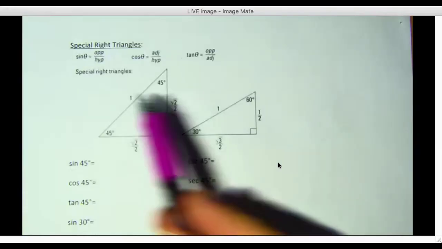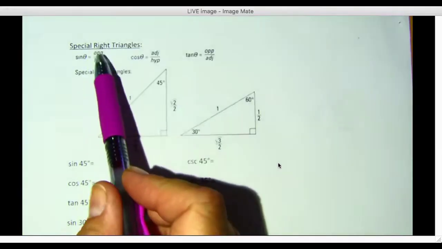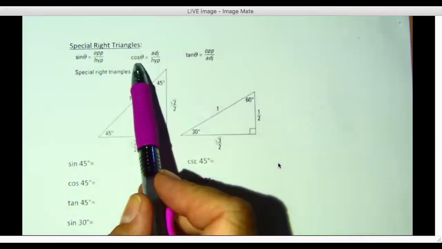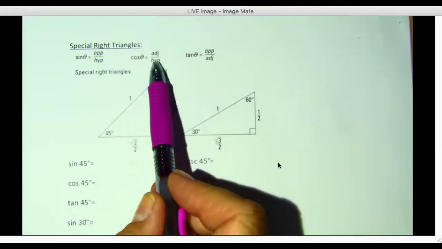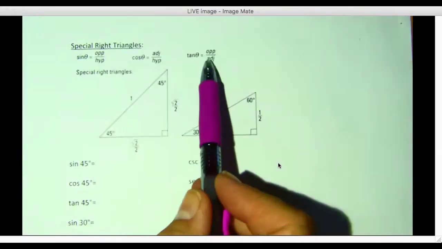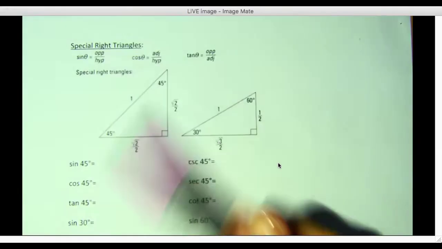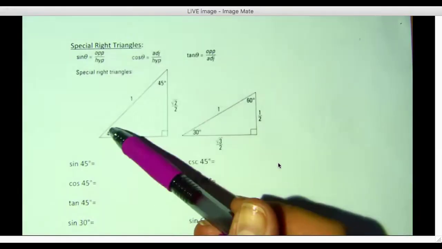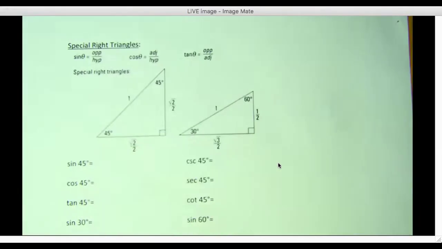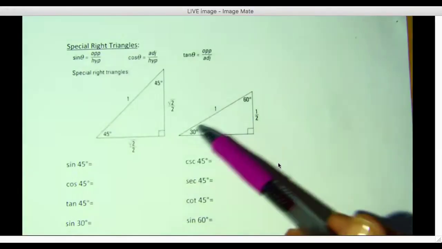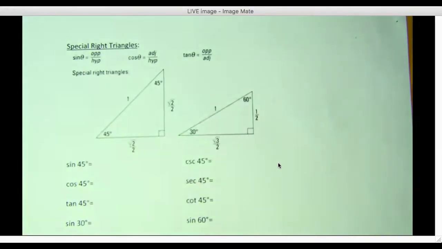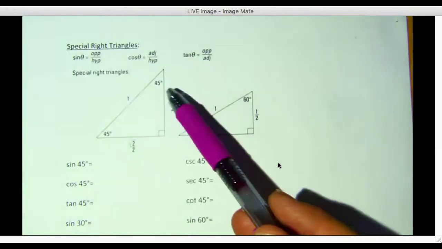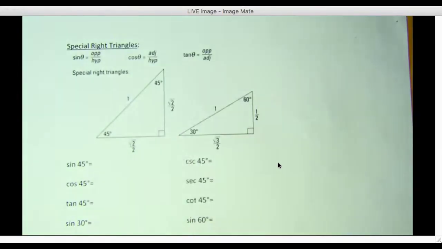So sine is defined as opposite over hypotenuse. Cosine is adjacent over the hypotenuse, and tangent is opposite over adjacent. If you have the special right triangle, a 45, 45, 90, or if you have a 30, 60, 90, these are what those side lengths are going to be equal to.